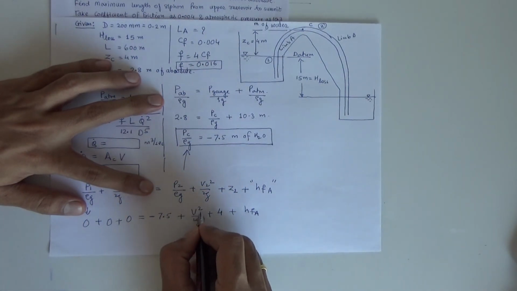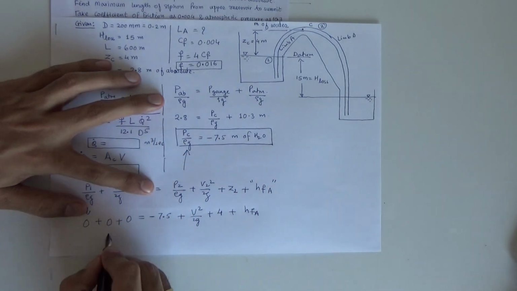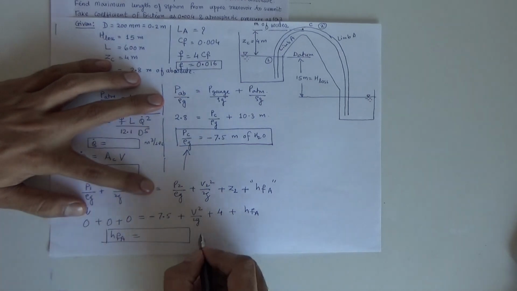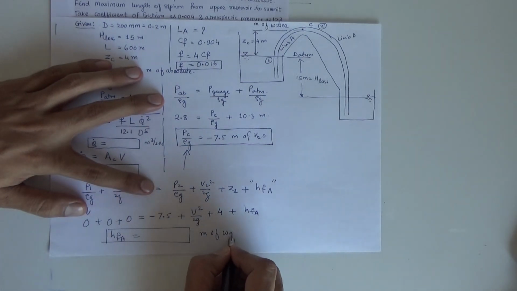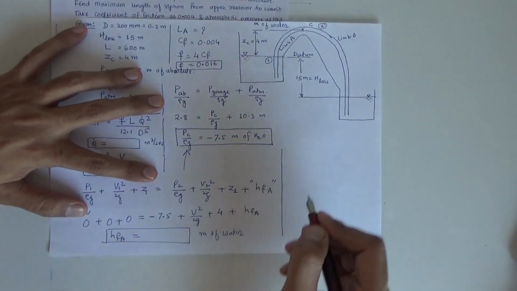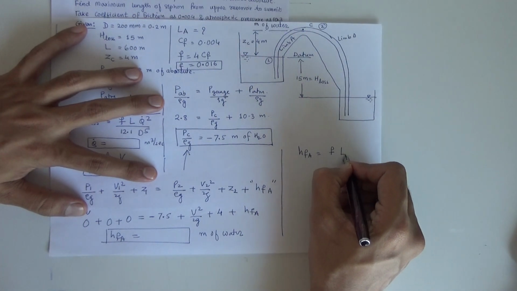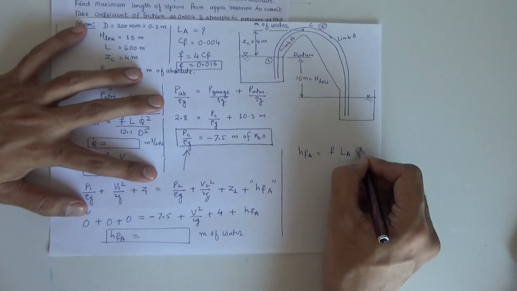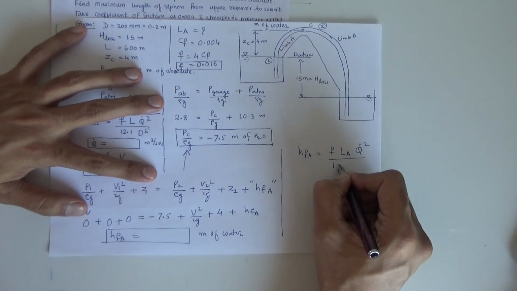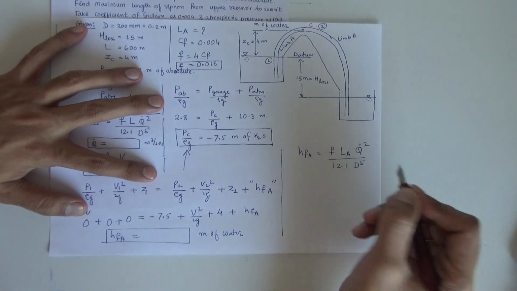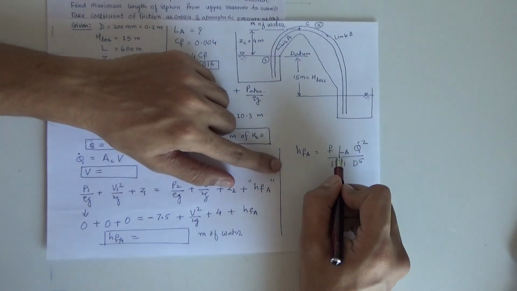So this is known, V is known, everything is known. You can find out HFA, the frictional loss in limb A, in meter of water. And if you compute the friction loss in limb A as F LA Q square upon 12.1 into d raised to 5, this is better.